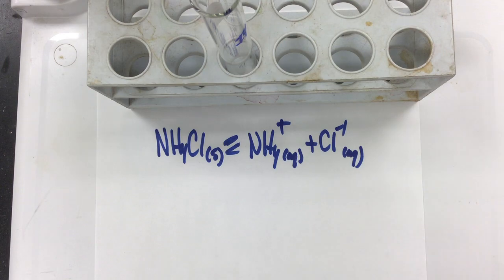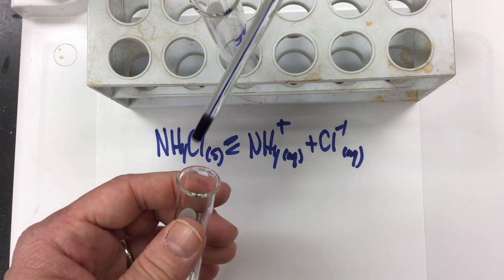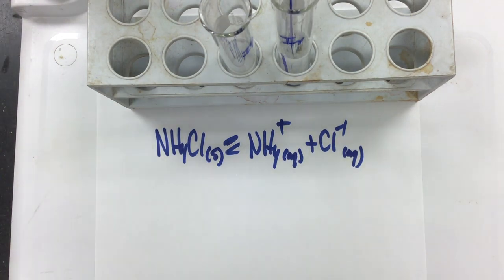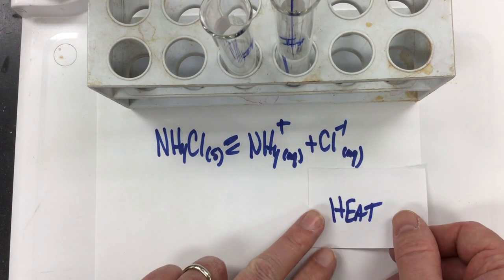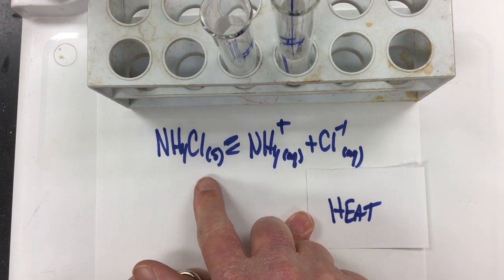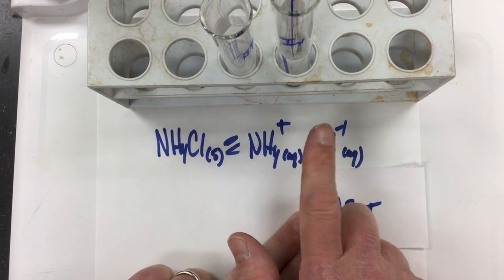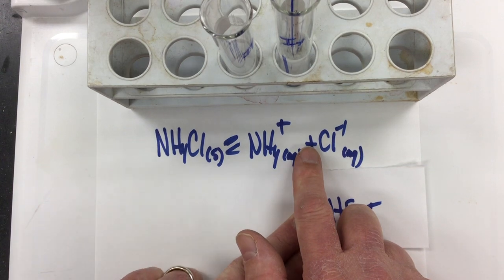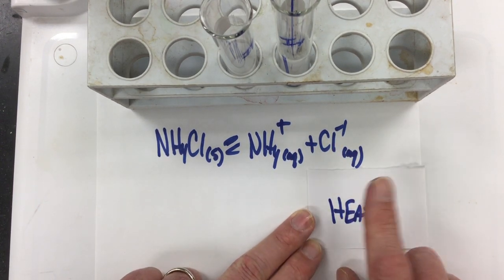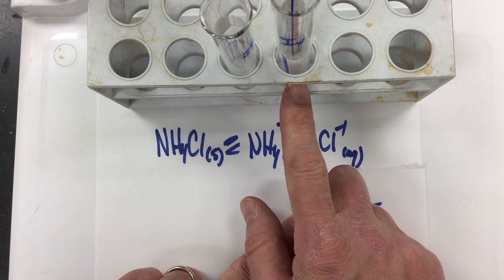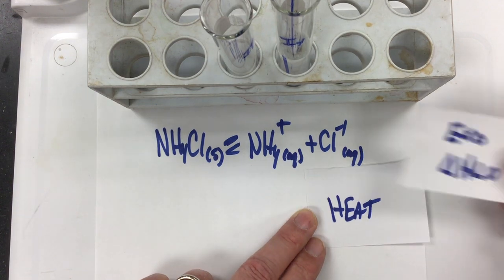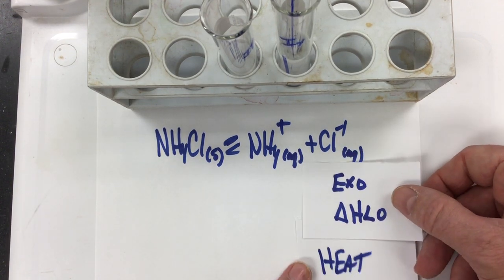First, I'm going to put a thermometer in here so that it can acclimate, because if this is an exothermic situation and I put ammonium chloride in water to make it aqueous, then it is going to give off heat, and the water will get hot, and we'll notice that the temperature goes up. Again, that is if it is an exothermic situation.